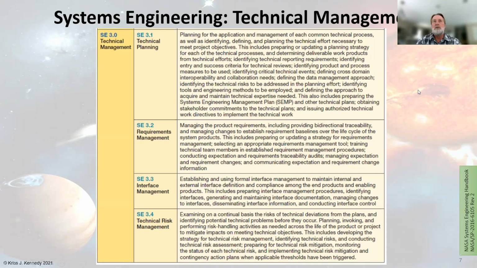So it's a cross-domain interoperability effort. And also there's the aspect of data management, versioning and control of the data, and making sure that everyone is using the right and up-to-date data set, requirements, CAD models, etc.